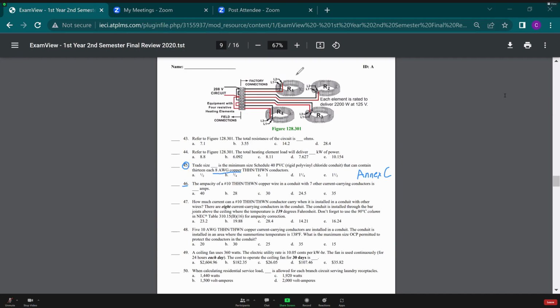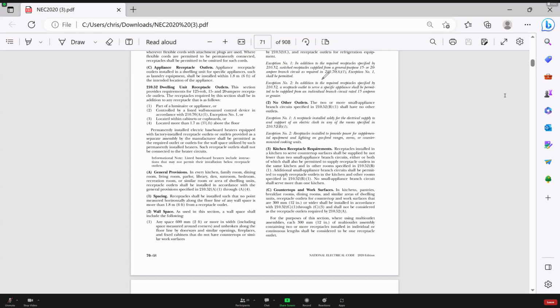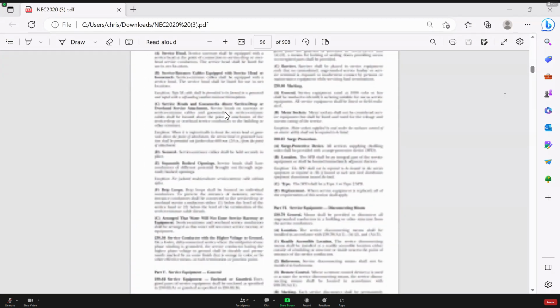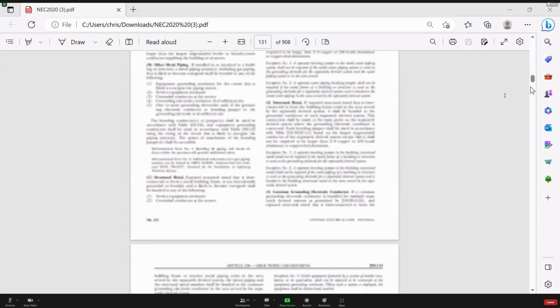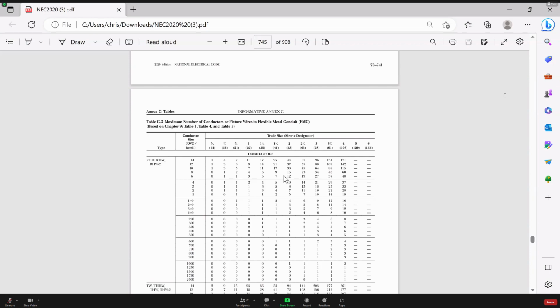Same thing with number 46 here. Oh, wait, no, 46 is ampacity. Disregard. So 45, Annex C is what we're going to be going to. Let's take a look at our code book. We're going to go all the way to the back in chapter 9. Gotta click and drag this one.